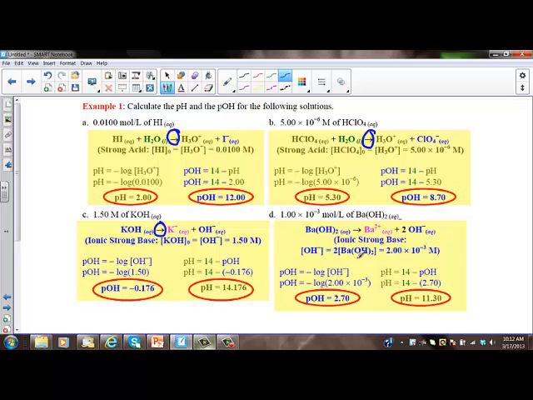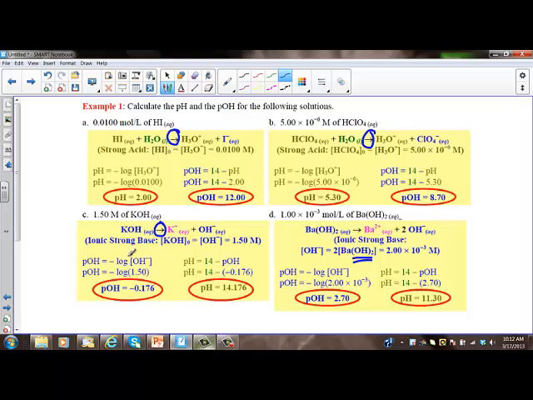That's simply because it was a dibasic, or dihydroxy, base. So we have negative log of the OH- concentration. So negative log of 2 times 10 to the minus 3 gives us a pOH of 2.7. So 14 minus 2.7 gives us a pH of 11.3. So these were all examples of finding pH and pOH.